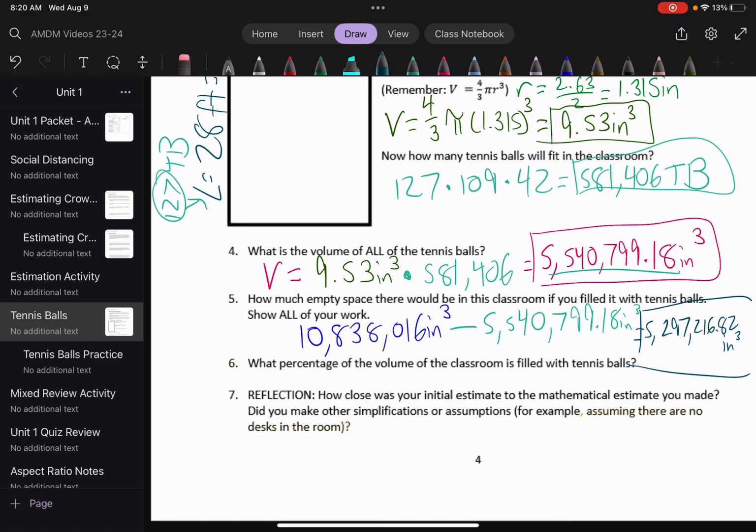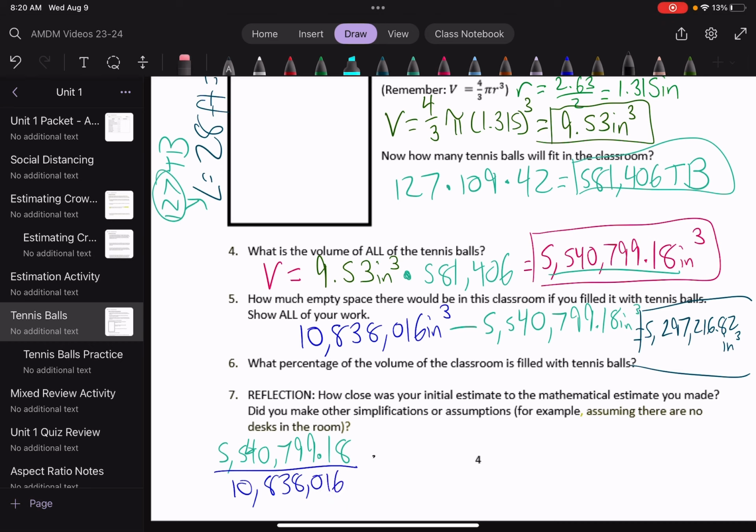I know that I originally had a volume of tennis balls at 5,540,799.18 inches cubed. And I know that the total volume of the classroom was 10,838,016 inches cubed.